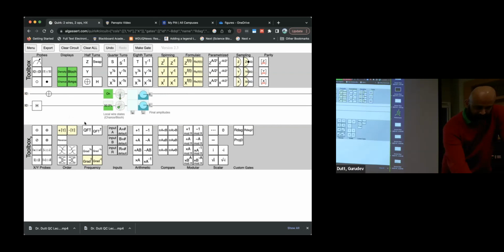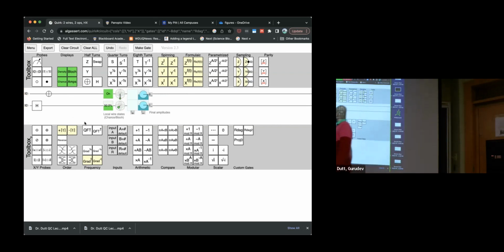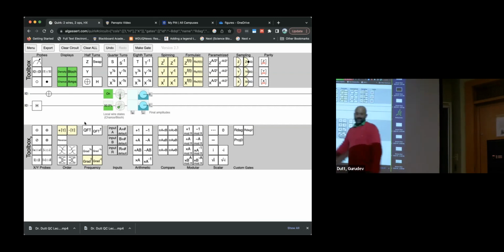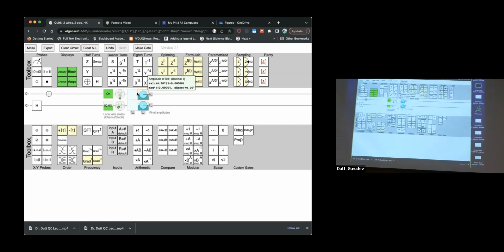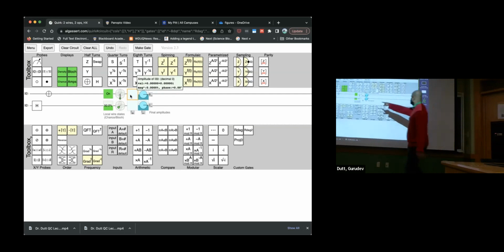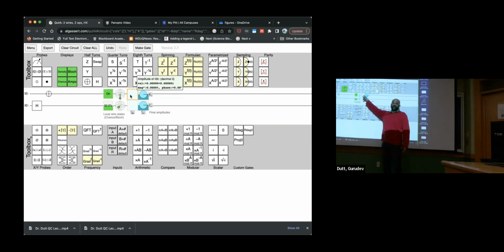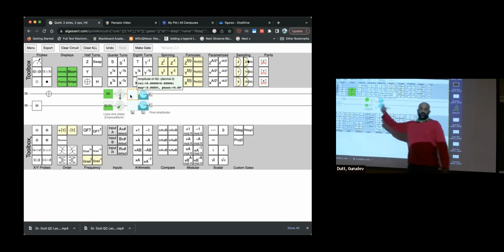So let's go back and read out the 0, 0, 1 as well. The 0, 0 input state gives me, for the top element, 0, right? That's this element over here. This box represents the output for the 0, 0 state. This box is for the 0, 1 state, and that has a 1 in it, basically, because of the 1 over root 2.